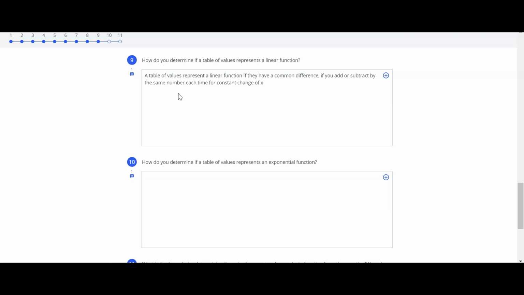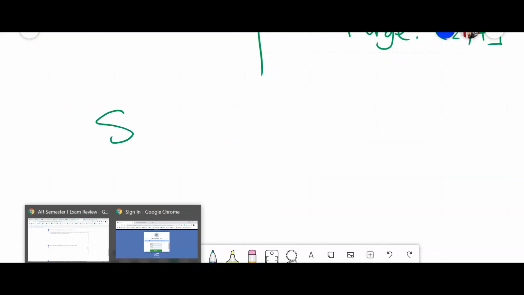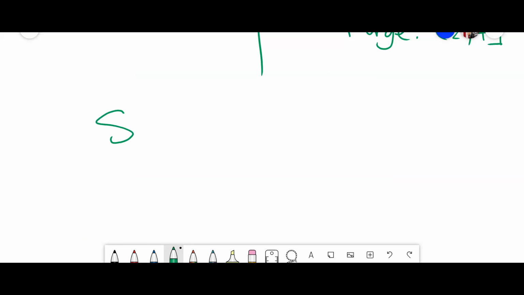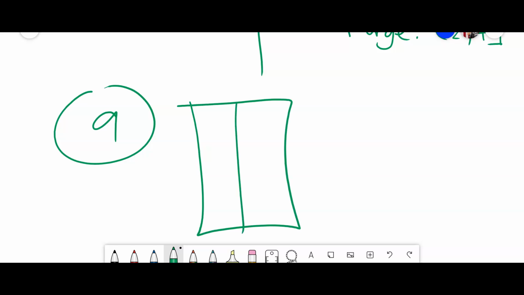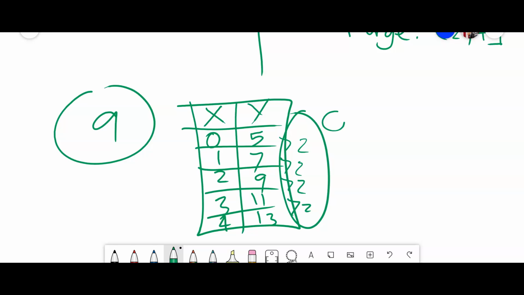All right, and let me give you an example of that. We did this back when we talked about, I think, exponentials. What number are we on? That's 9. Whoops. So if my x's are constant, increasing by 1, and then I see something like this, well, each time it's adding 2, so that's called a, oh my gosh, common difference.